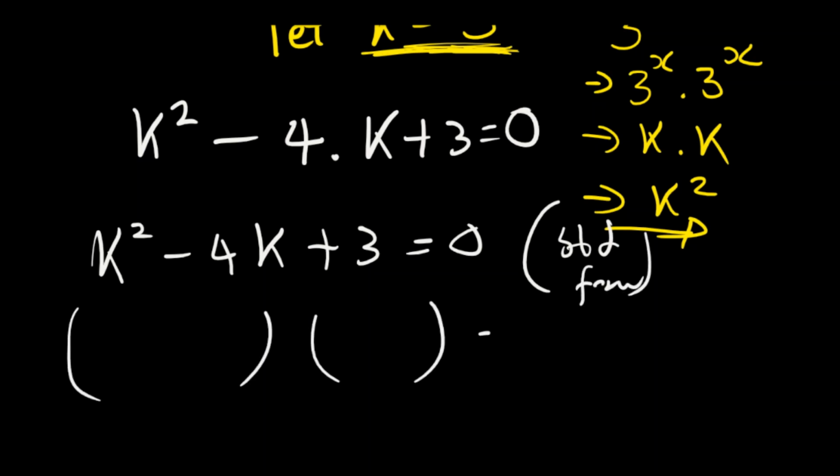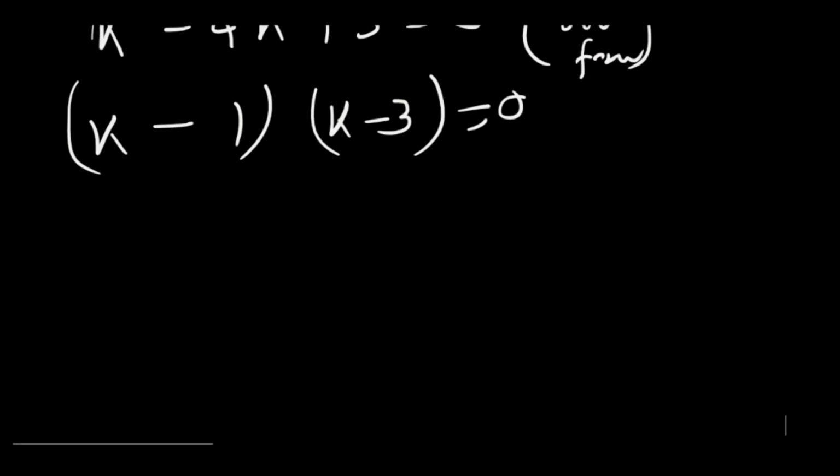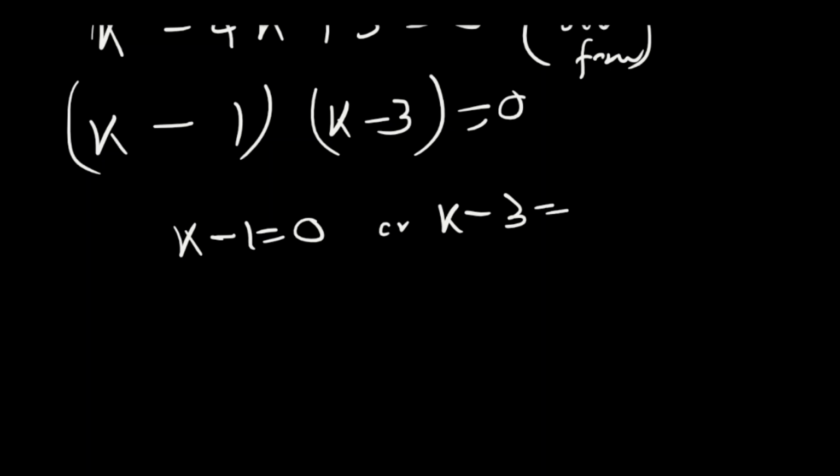Factors of k squared are k and k. Factors of 3 such that they give you the middle term are 3 and 1, so it's minus, minus. Then k minus 1 equals 0, or k minus 3 equals 0. So k equals 1 or k equals 3.